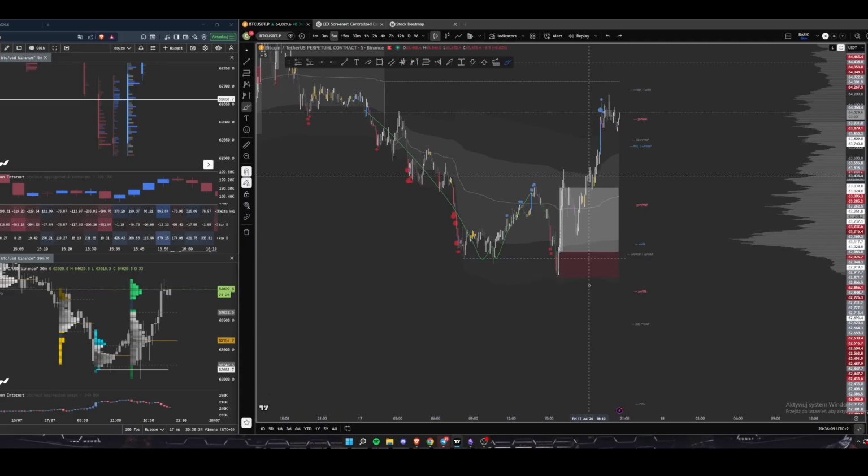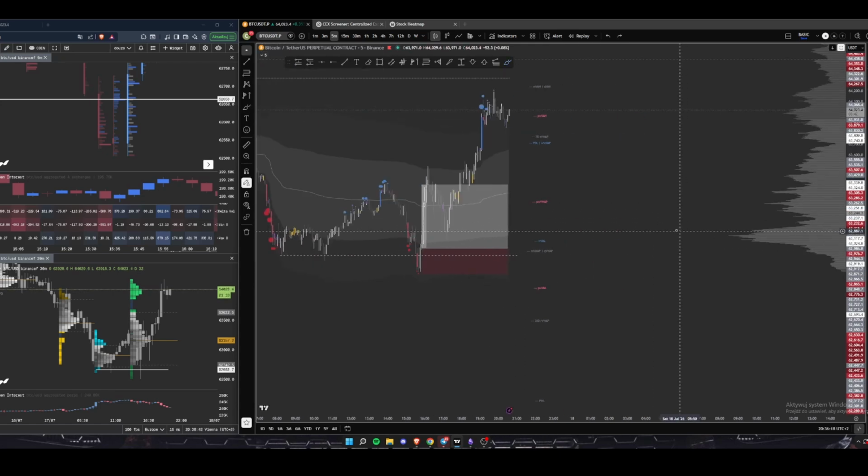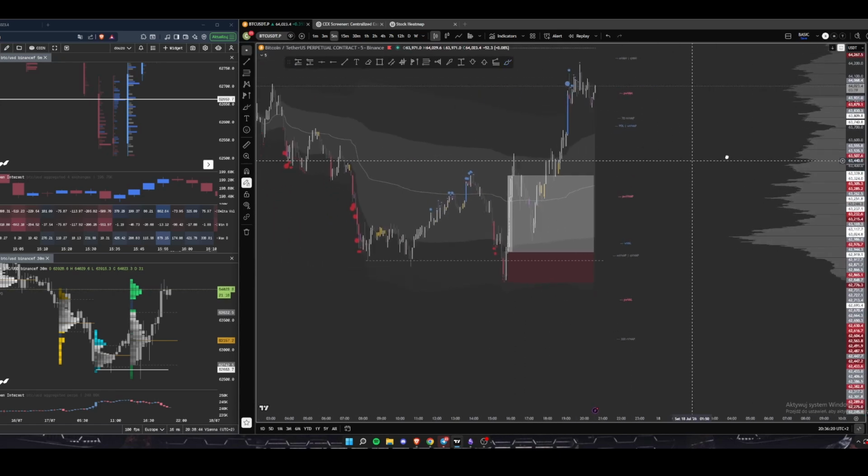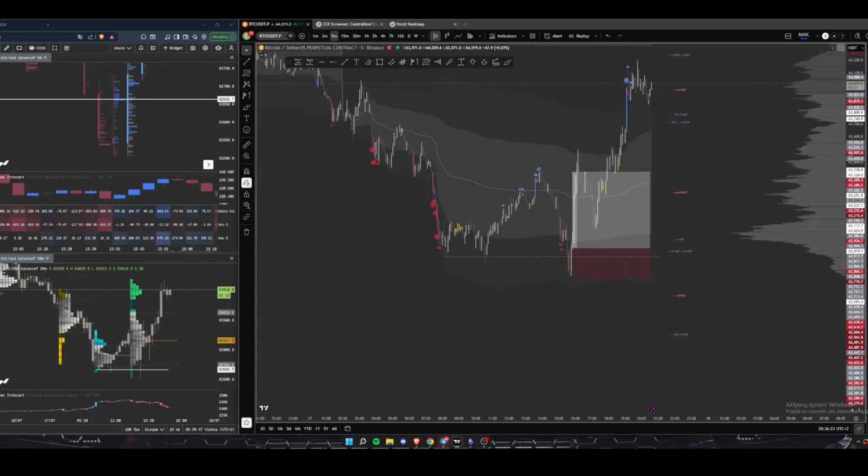Okay, this is who you're trading against. This is your fuel for the move, and this is very important to have in this kind of trades.